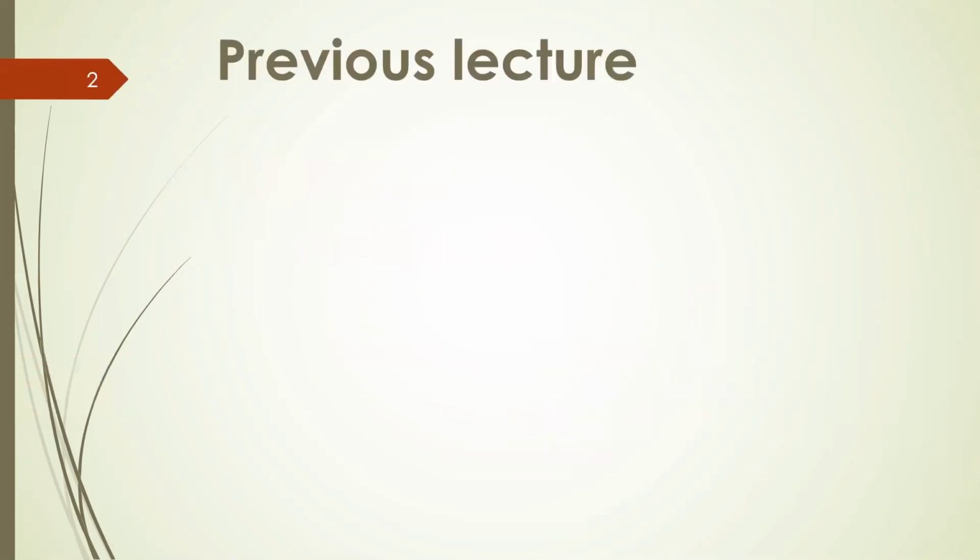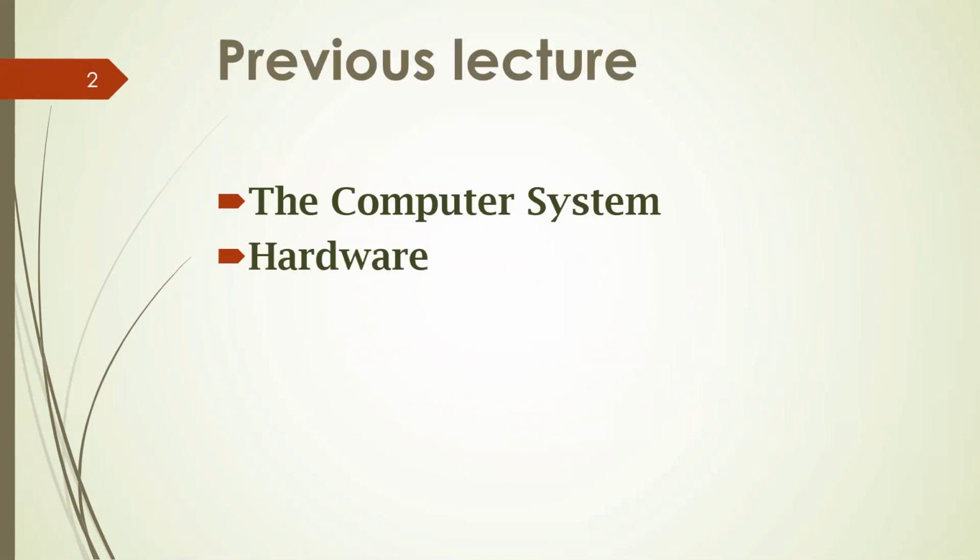In the previous lecture we discussed that in the computer system we have completed the hardware and the input unit. From the input unit we have already completed keyboard, mouse, light pen, trackball, joystick, graphics tablet, scanner, and digital camera.